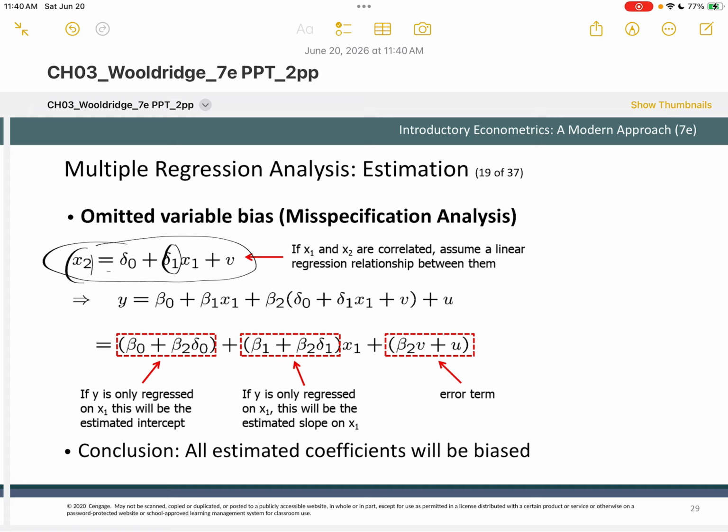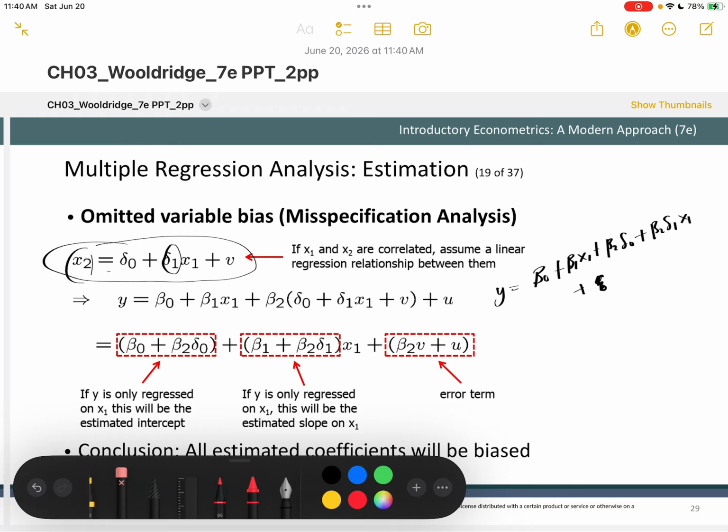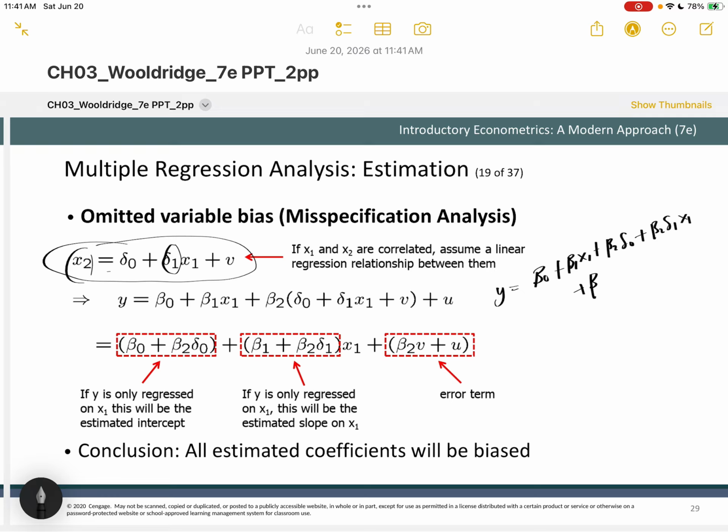When we plug in delta 0 plus delta 1 x1 plus v in place of x2, and we redo this math, the math will go this way. y equals beta 0 plus beta 1 x1 plus beta 2 delta 0 plus beta 2 delta 1 x1 plus beta 2 v plus u. Okay, so we are going to group things now. y equals beta 0.